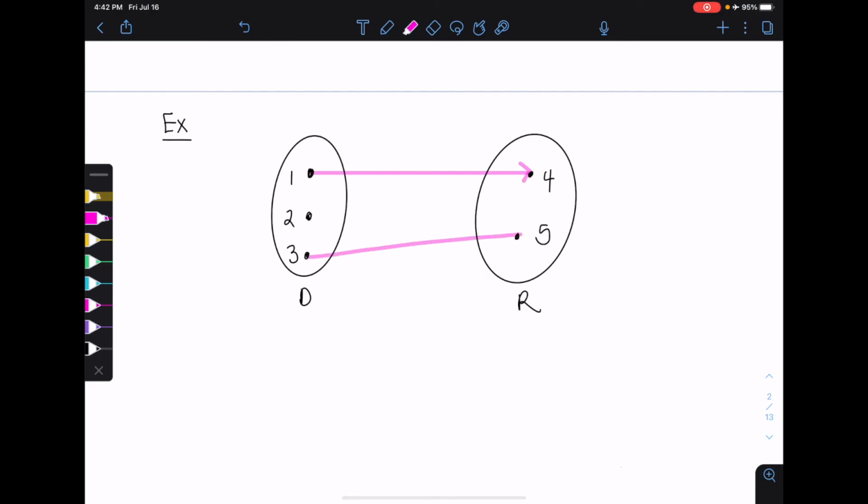If you input 3, the output is 5. And if you input 2, the output is also going to be 4. So this is what we call our function f. This is definitely a function because each input has one output. I only have a single arrow leaving each and everything in my domain.